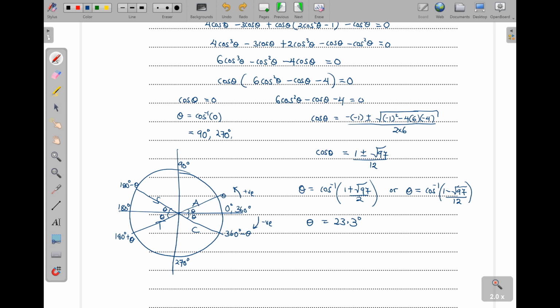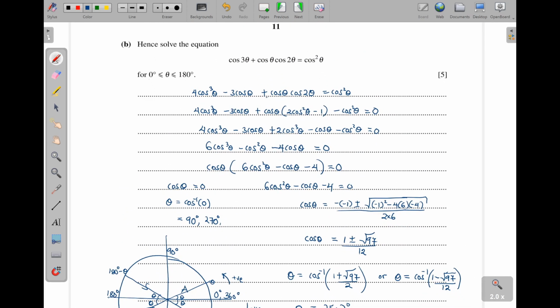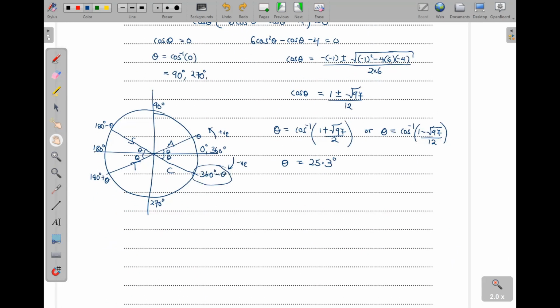So the next angle would be 360 minus that 23.3, which is 336.7. But since our domain here, the angles must range from 0 to 180, I will not get the other second angle. So I will just get this one here.